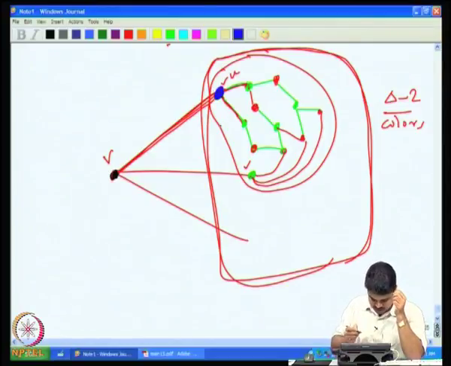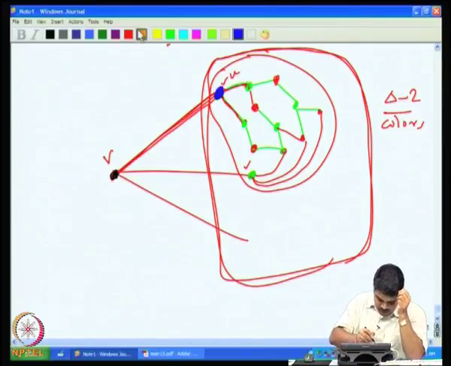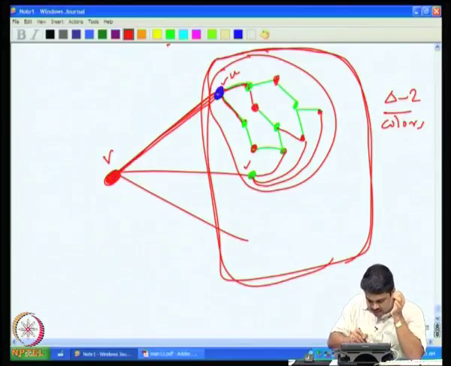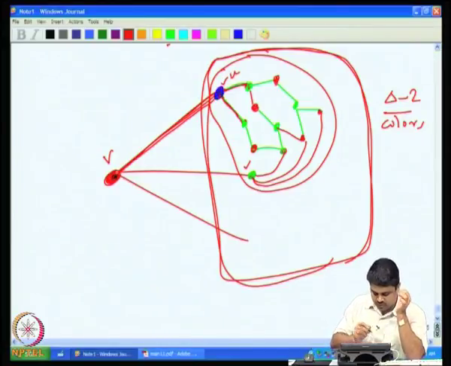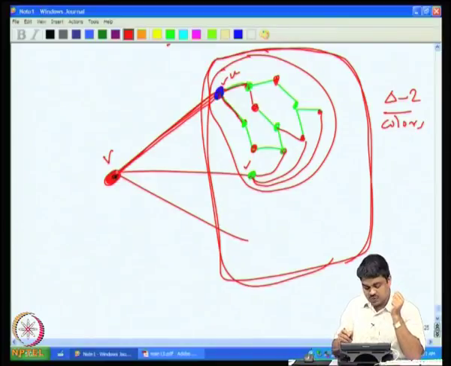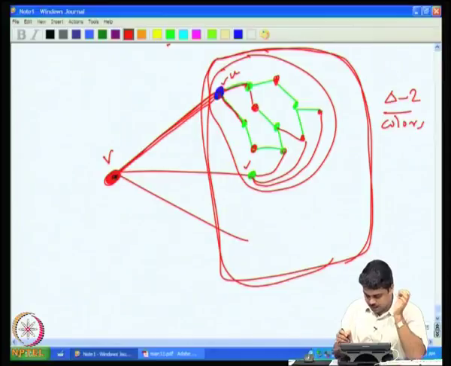We haven't done anything here, so the red color can be given to this vertex, isn't it? In other words, I release the red color from this vertex and give it to this vertex. So we can do it that way.